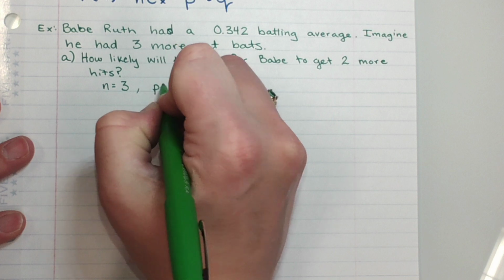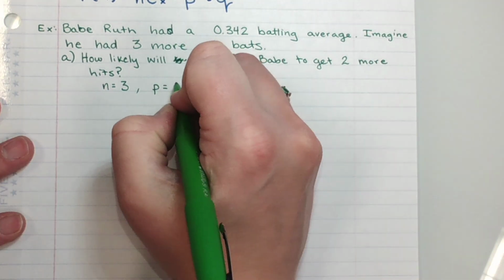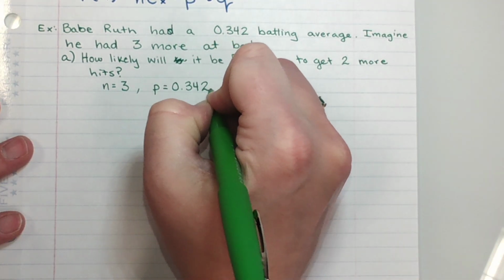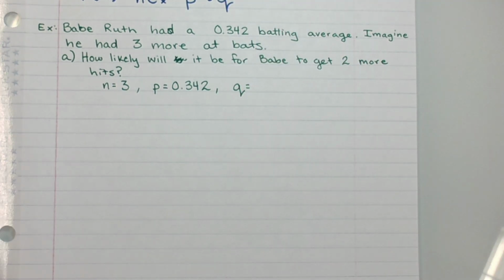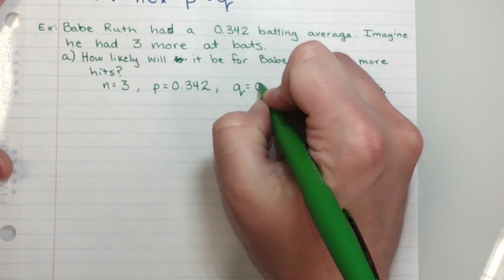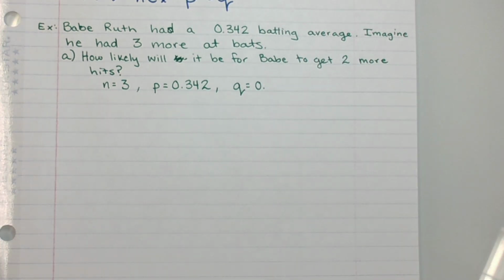Okay. p is probability of success, 0.342. What's that make q? Everything else. 1 minus that. Grab a calculator if you need one. Today's a calculator kind of day.